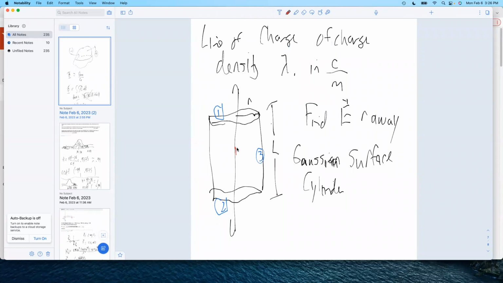Just think of these like a bunch of little positive charges here. That's all they are. It's just a bunch of little protons. The electric field has to point away from there. It has to. So my electric field here on the surface has to point away, radially out, away from that line.